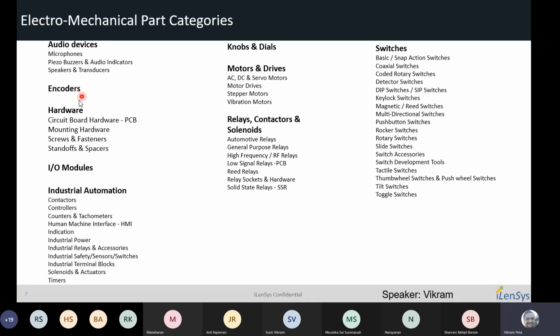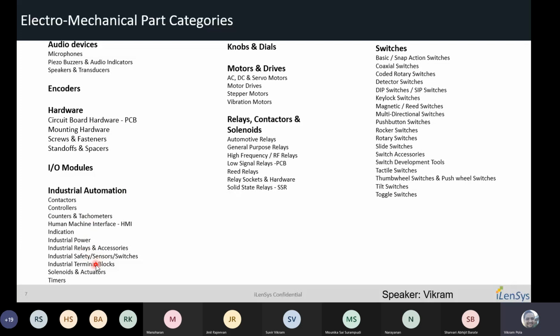And you'll see encoders and decoders, hardware, and miscellaneous hardware parts where you'll mount your typical PCB applications. The IO modules are widely used across medical devices and also in the automation industries. Industrial automation is where you use a lot of counters, tachometers, controllers, indicators, relays and accessories, and also safety switches.